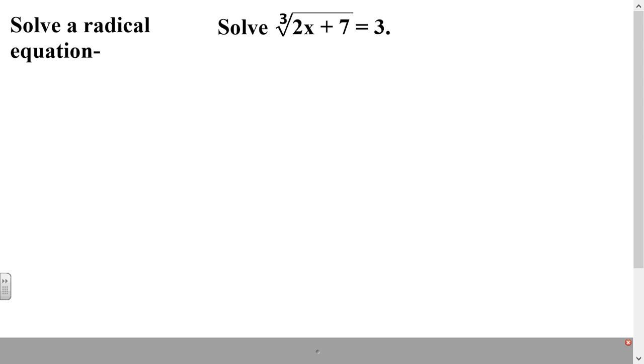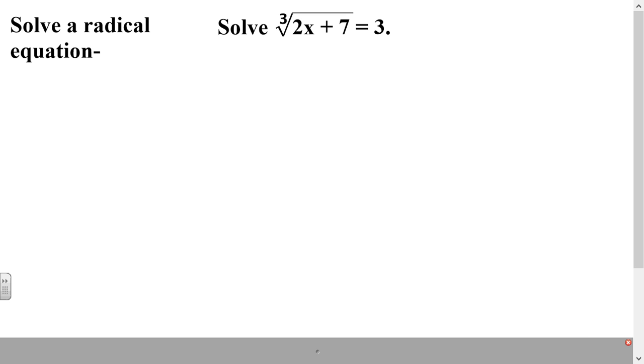So first we're going to be solving a radical equation, and that's just any equation that has a radical or a root in it. So if you look, you should notice that the root is all by itself. There's nothing else on the outside, either multiplied in front or added or subtracted at the end, and so we can just go with canceling out the root.